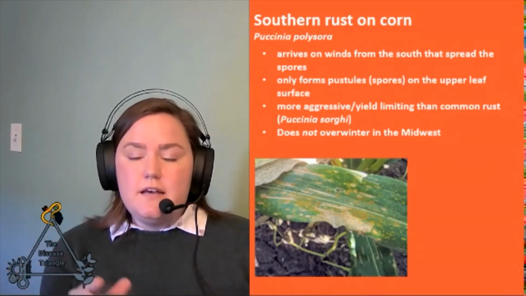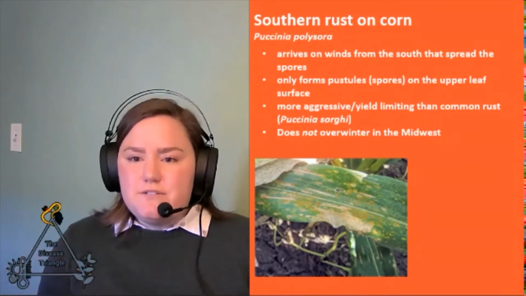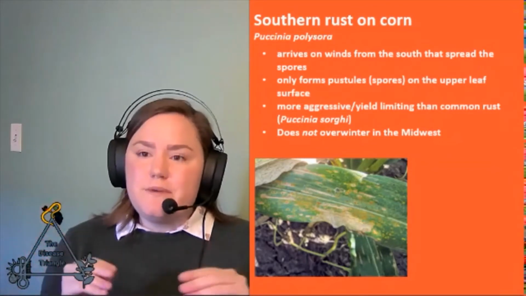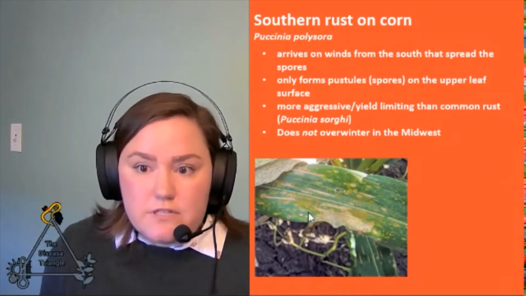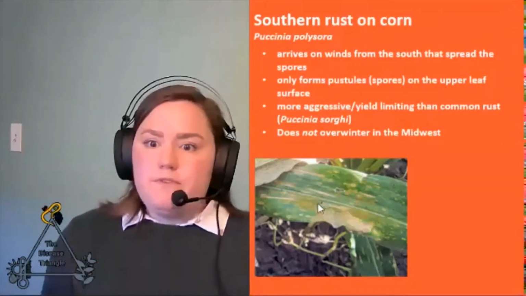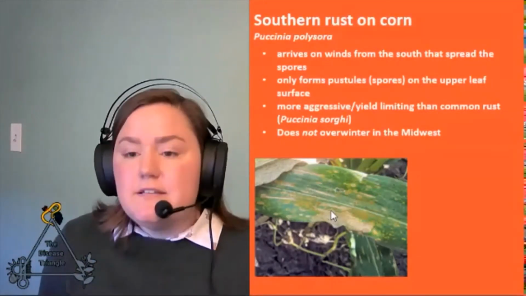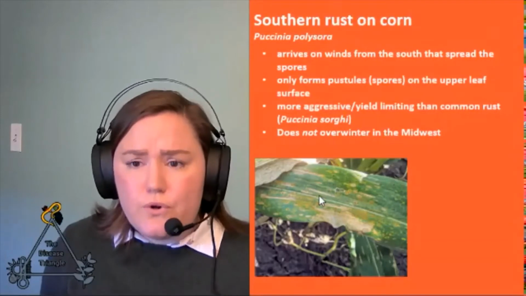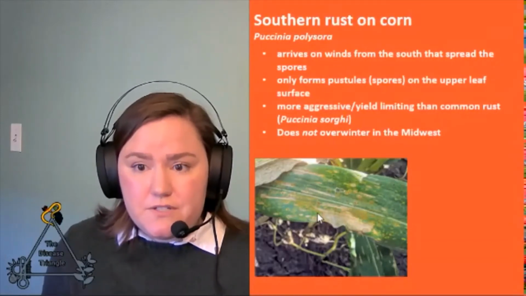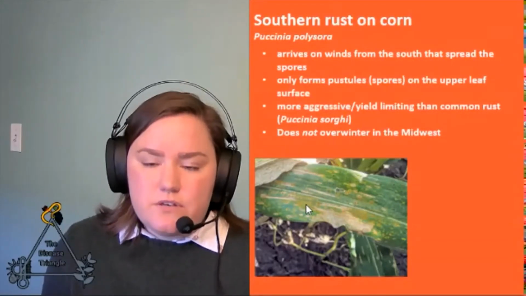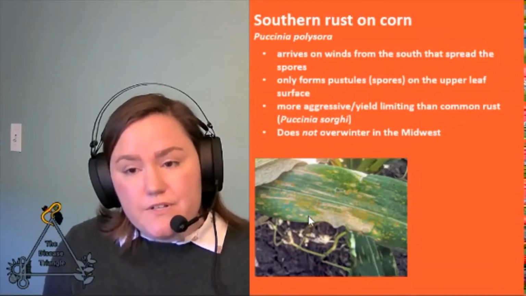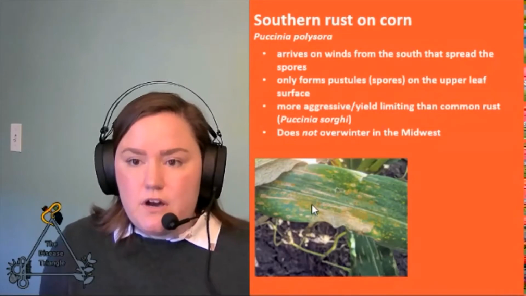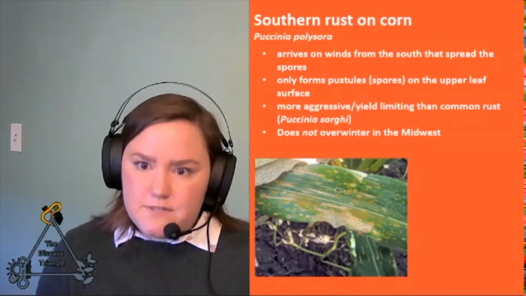And that largely has to do with how it's different from tar spot, in that in these pustules you have the urediniospores, which can reinfect the corn leaves, but as the corn leaf starts to senesce, those urediniospores start turning into teliospores, and the teliospores are not infective spores.